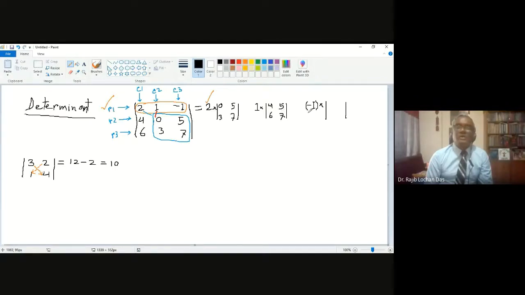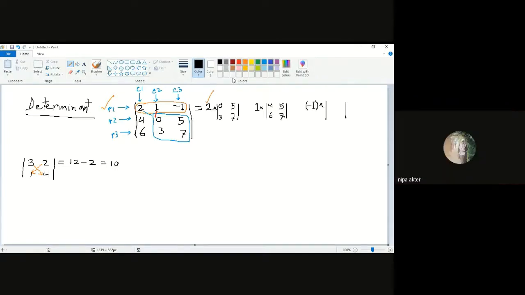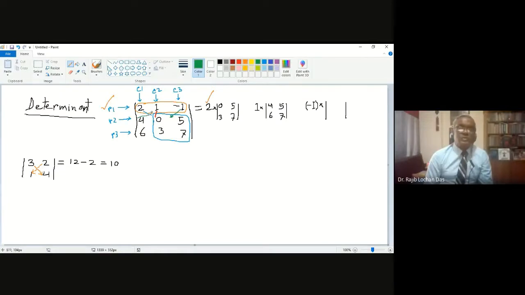And go for minus 1. That is the last one. 4, 0, 6, 3. So 4, 0, 6, 3 will be the other numbers for minus 1. So this part is done.